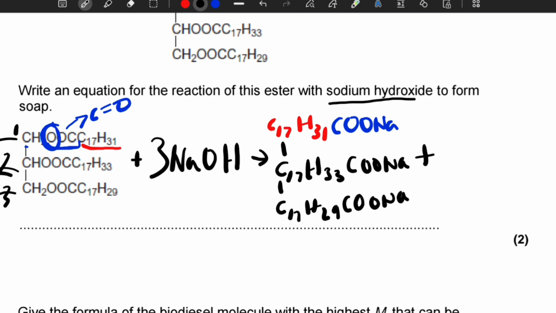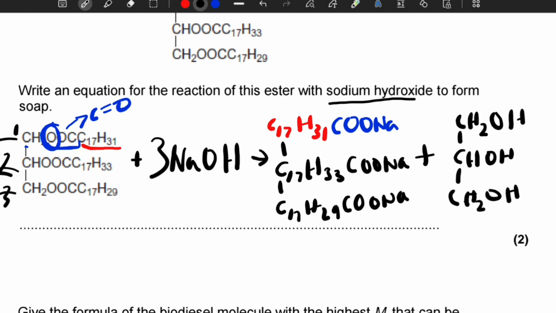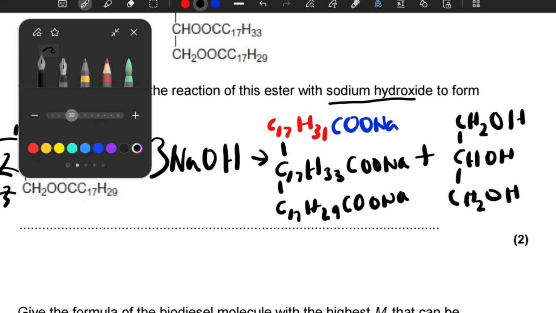What is the last thing that's formed? Glycerol. And that is CH2OH, CHOH, CH2OH. Guys, glycerol, you should know it. It should be a reflex action already. Glycerol, I know what that is.